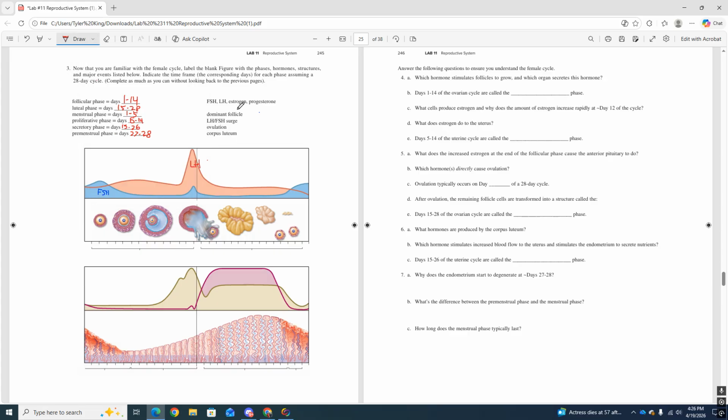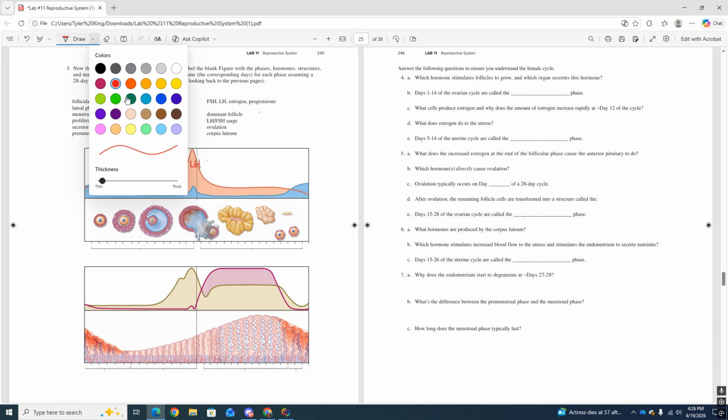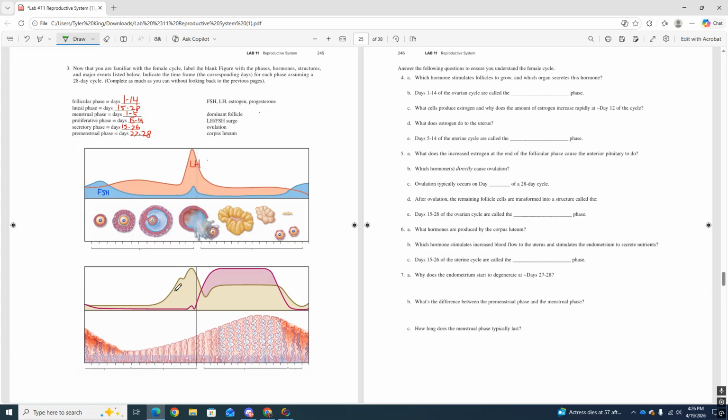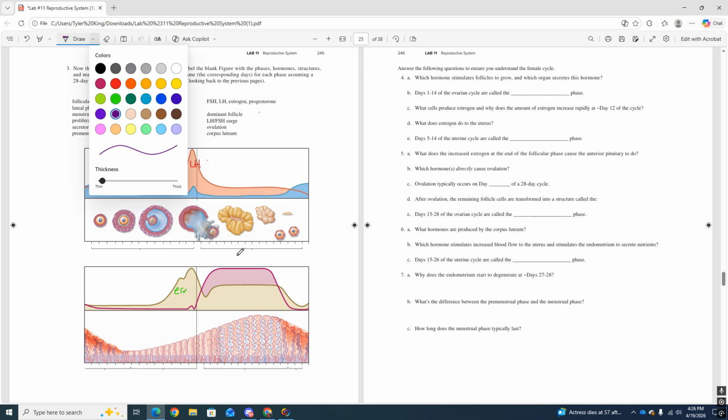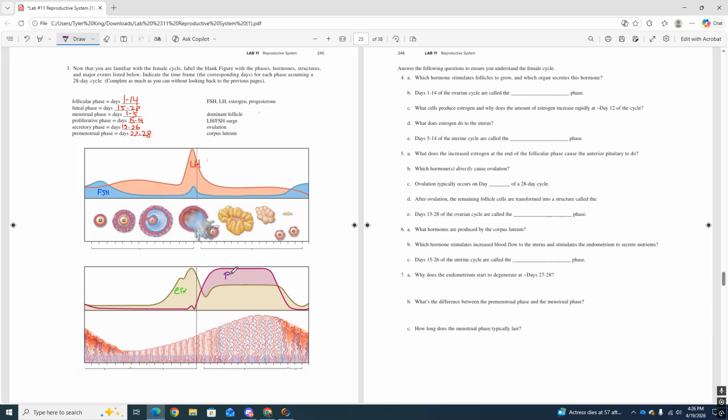Then we have our estrogen, which is down here in the sage green. I'll just put ESTR for short, or S. And we'll put pro, that's the purple one.